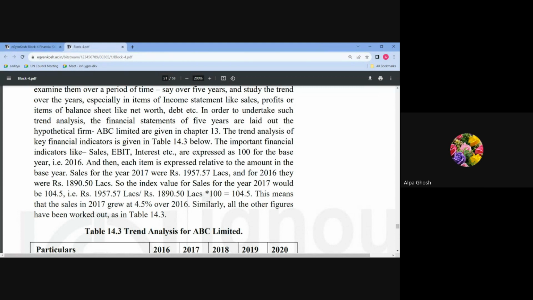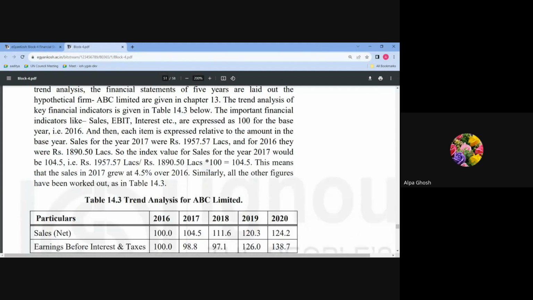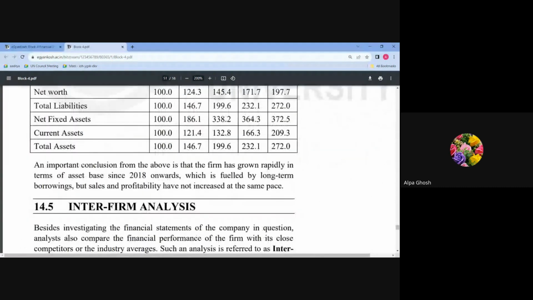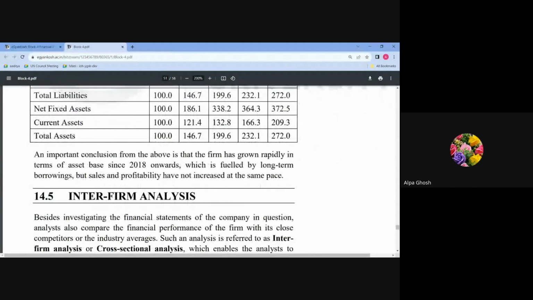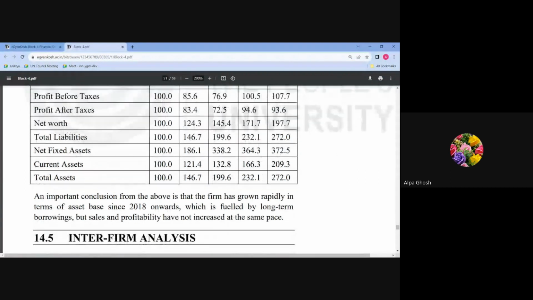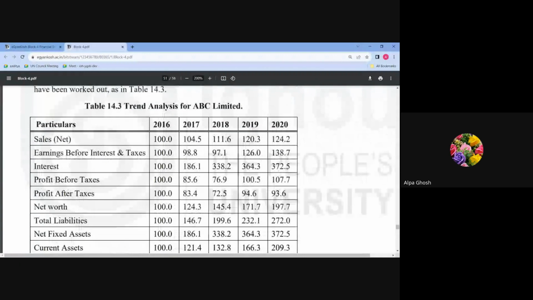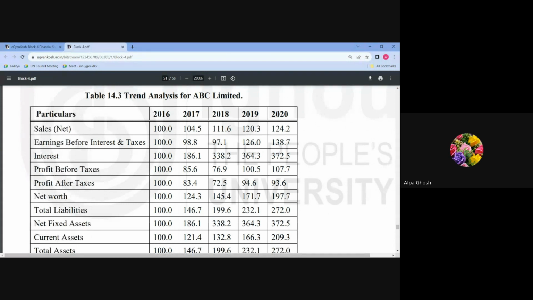From the base year, we try to calculate each year's progress. Am I clear? Suppose 2016 is your base year. So for 2016, each and every item is 100%. Whatever is the base year, that is 100.